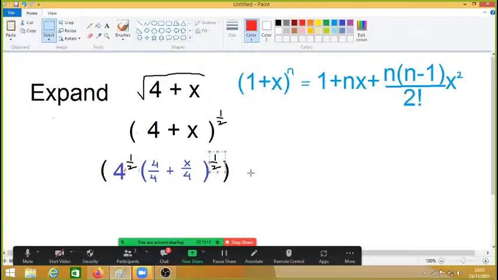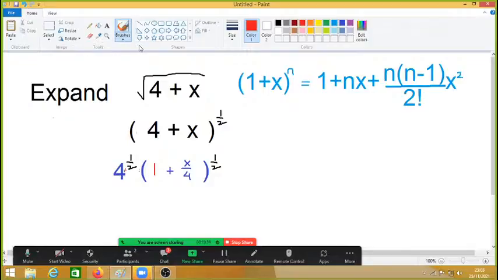And now, because there's nothing on the outside of these black brackets, they can be dropped. And 4 to the power of a half, that's the square root of 4, which is just 2. So that's not 2, 1: 4 divided by 4 is just going to be 1, which means now we can apply the formula.